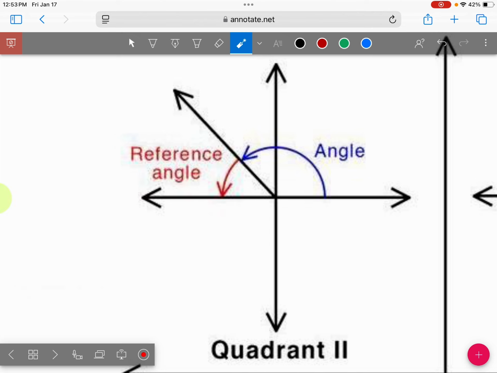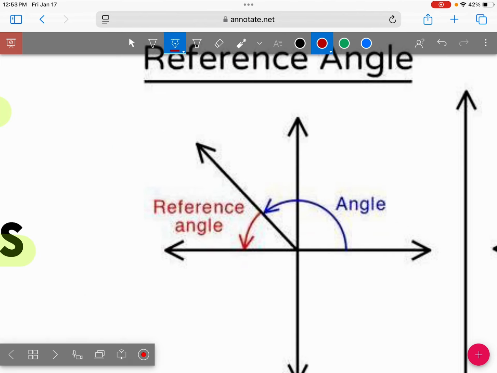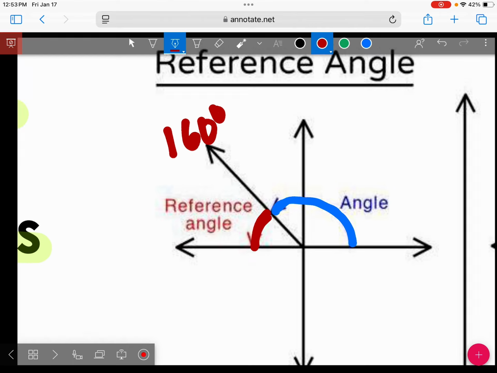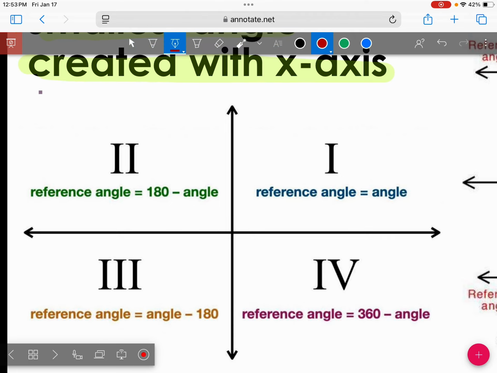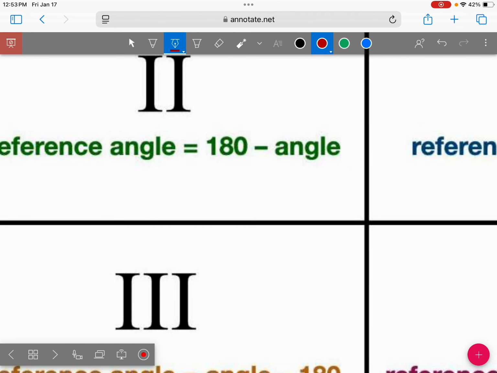When you move to quadrant 2, though, for example, if this angle here is 160 degrees, your reference angle would be this. So how do you think we're going to find that angle? Subtract it from 180. If you look over here on this formula, it tells you that to find your reference angle in quadrant 2 is 180 minus the angle.